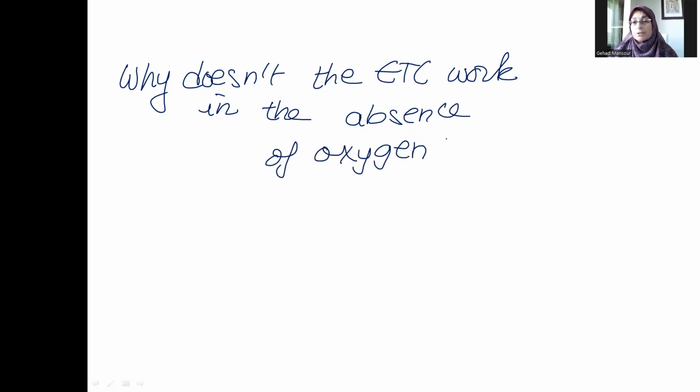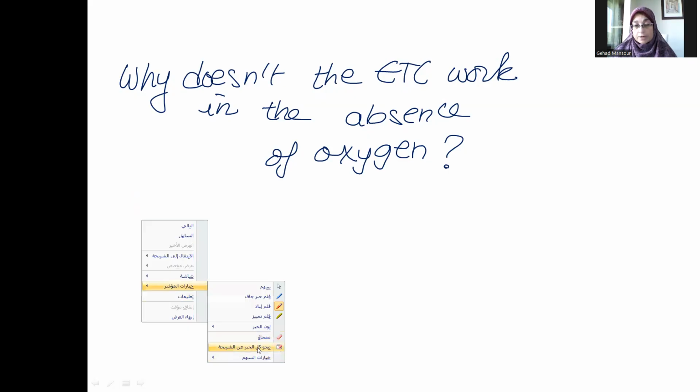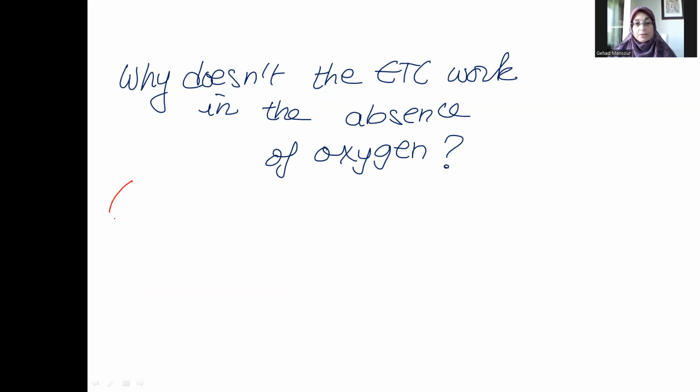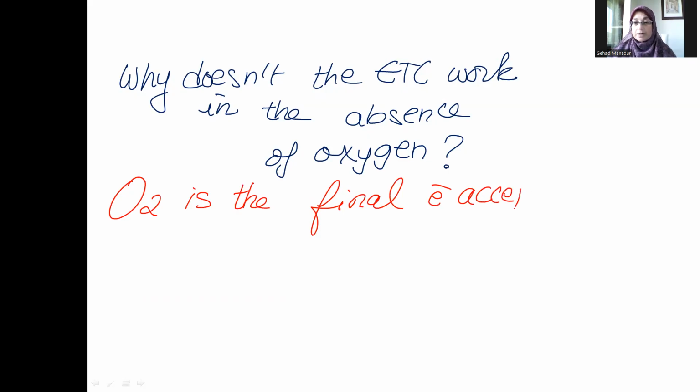Because oxygen is the final electron acceptor of the electrons that are transferred in the electron transfer chain. So the answer is that oxygen is the final electron acceptor in the electron transfer chain.